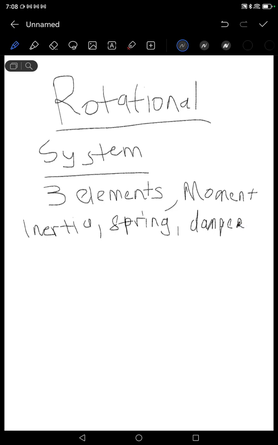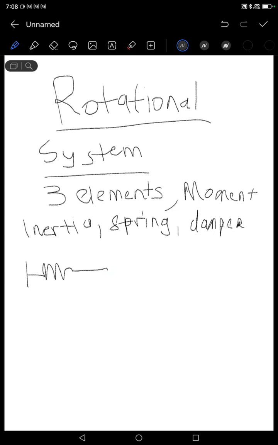Remember, on the translational, we were using damper as FV, and here on rotational, we're gonna use damper as D. Okay, so let's say we have a spring like this, connected to a wall. Remember, here it's a rotation, so we're gonna have a torque and an angular displacement.